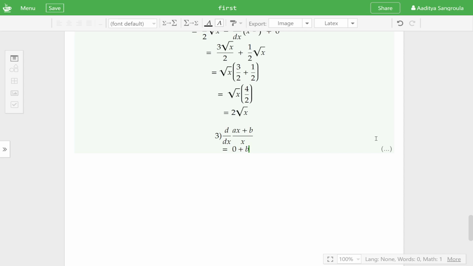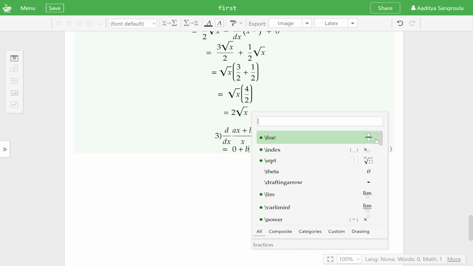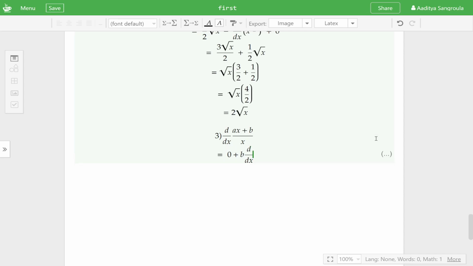So that's going to be b times the derivative of 1 over x, right? Now I think there is a bit of a problem here, because we cannot differentiate a function in this way. Is the question something else? It says to find the derivative of that.